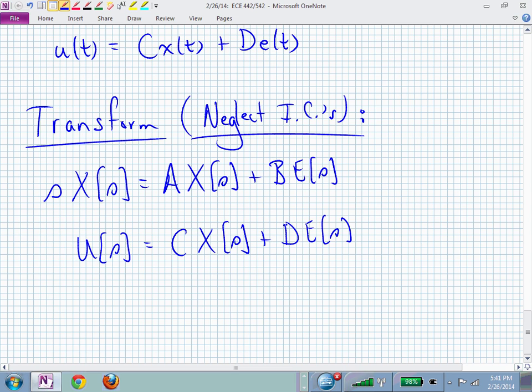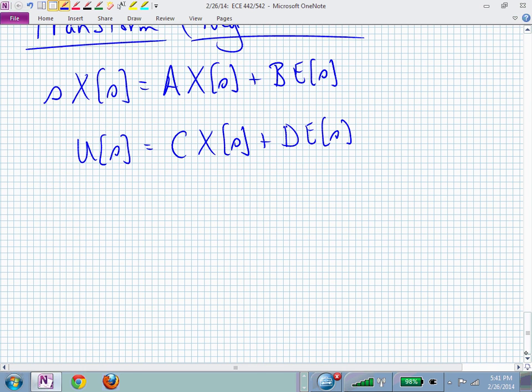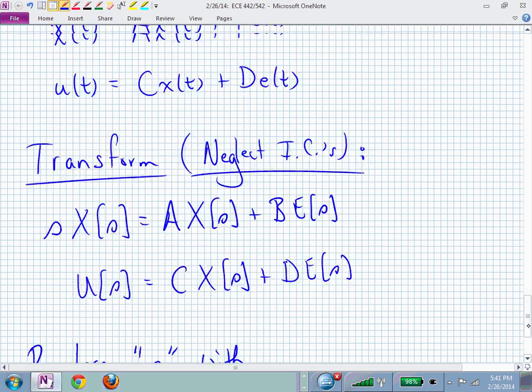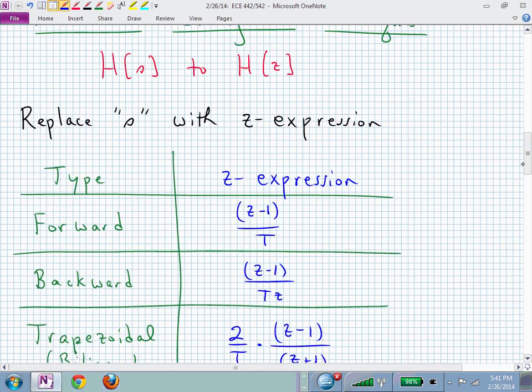These are just functions of x or s. We replace s with some rule depending on whether we're doing a forward, a backward, or a trapezoidal. In the forward approach, which is what we're doing now, we learned last time that we want to replace this s, and if you've forgotten, we can just scroll back to this and say, oh, we replace our little s with z minus 1 over capital T. That's what we derived last time.